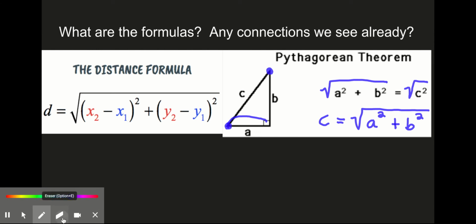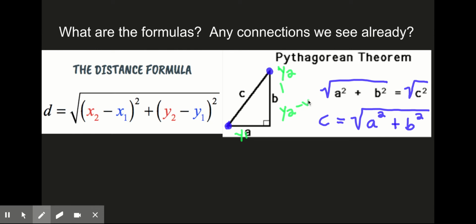So to me, it looks a lot like my change in x, x2 minus x1. And the b sure looks like, if this is the second y value, and this would be the first, y2 minus y1. That is what's being covered in that distance.